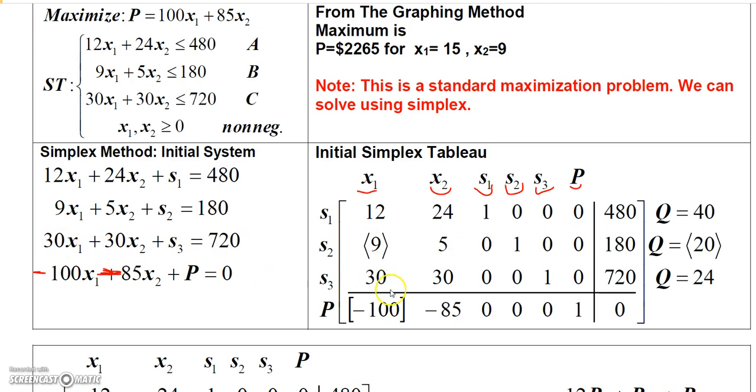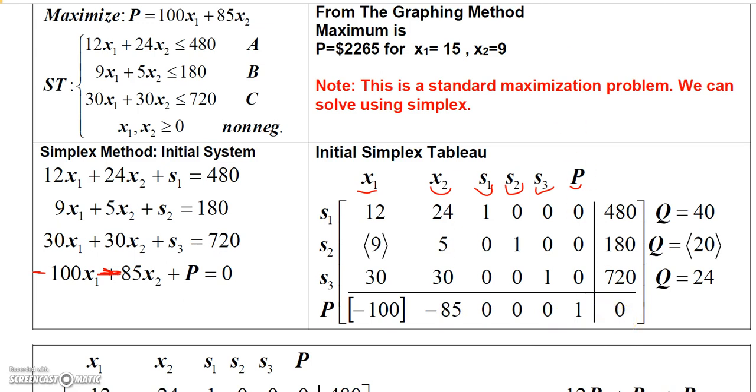And then the third one is 30x1 plus 30x2 plus s3 equals 720. So put zeros under s1, s2, and p, and then 1 under s3. And then my last one is negative 100x1 minus 85x2 plus p equals 0. So I put a negative 100 here, negative 85 here, and then 0, 0, 0, and then 1 for p, and then 0 in the constant column.